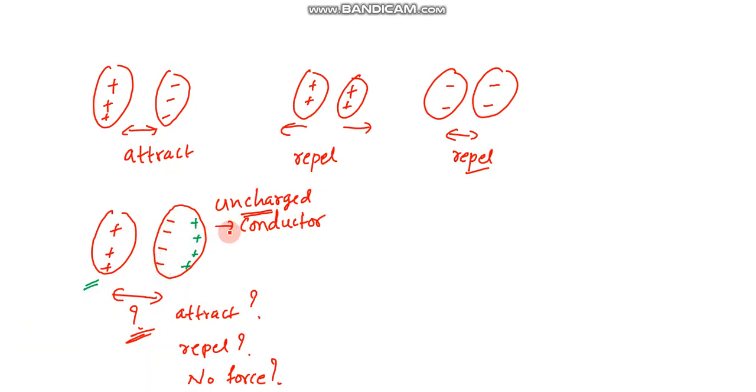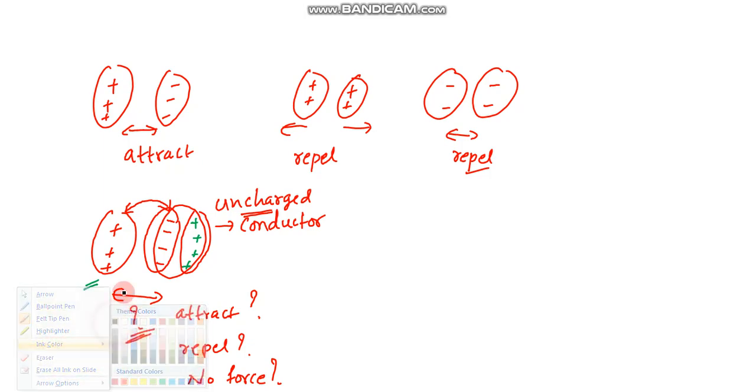Now it has equal numbers of positive and negative charges, right? So due to induction, similar charges accumulate on the farther end and opposite charges on the nearer end. Now if you consider the force between the negative and positive charges, that will be attractive force, right?